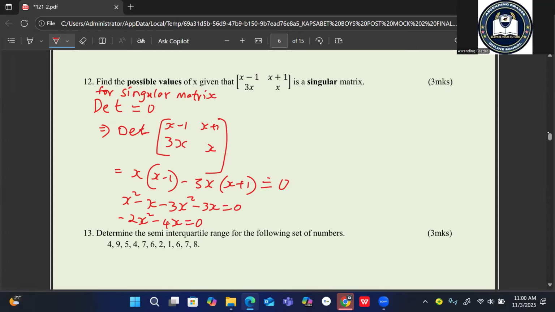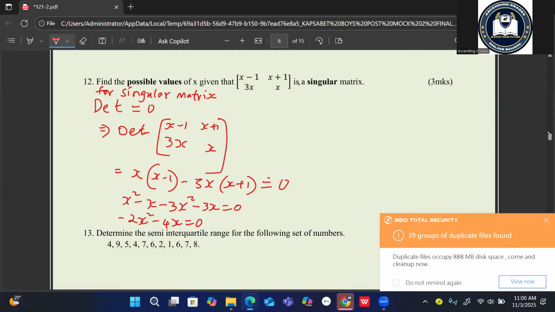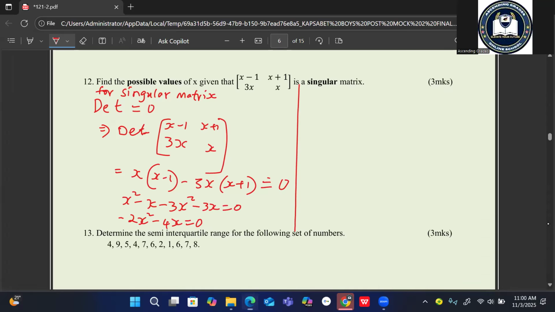So you can decide to factor it out. We have negative 2x squared minus 4x is equal to 0. So we can factor out negative 2x, and we are remaining with x plus 2 is equal to 0.